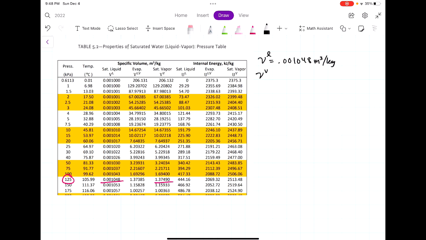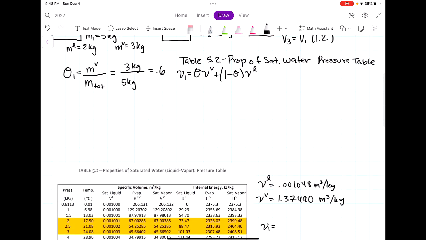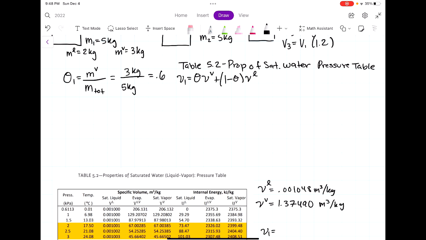Our specific volume of the saturated vapor is 1.37490 meters cubed per kilogram. We'll go ahead and plug those into our formula that we have there.